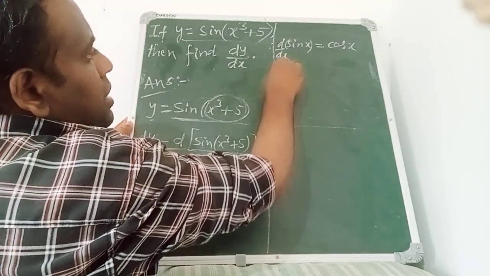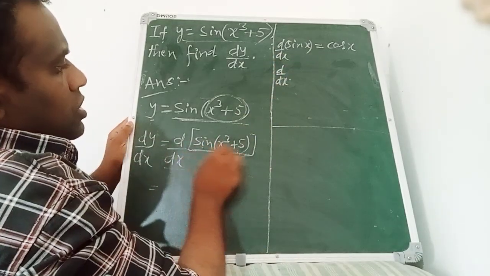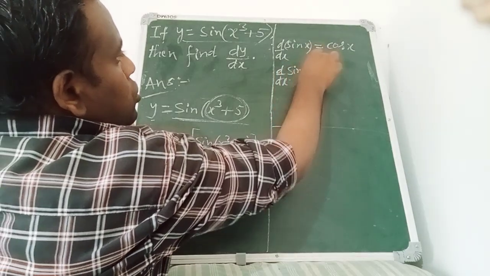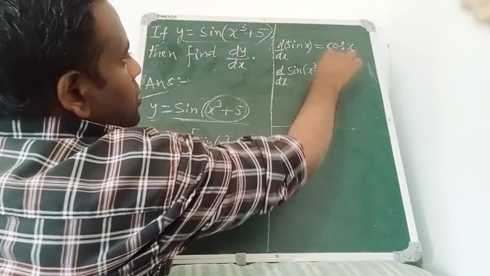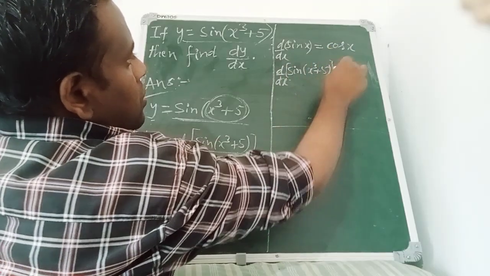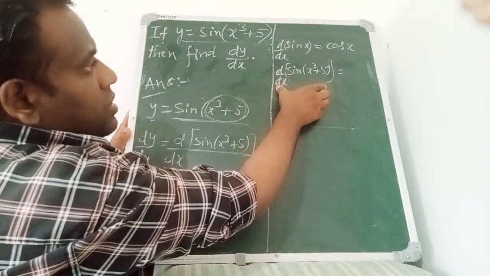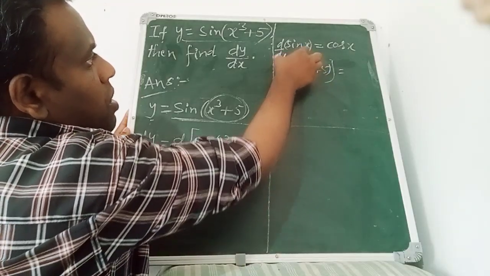Now d by dx of this whole thing, sine of x cube plus 5, is in the form of this.